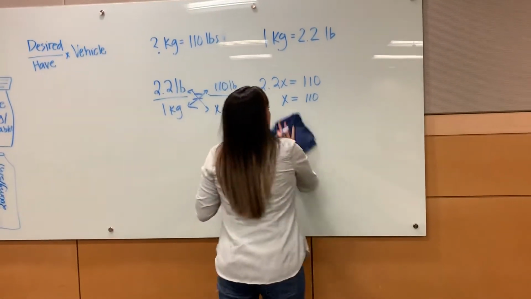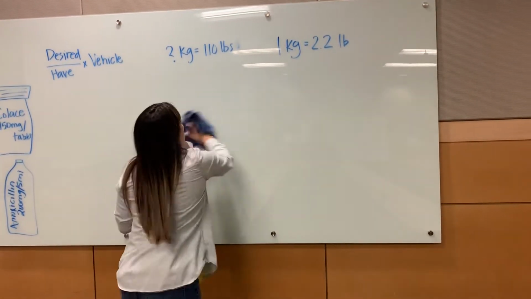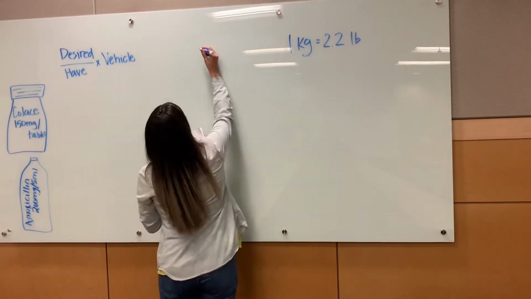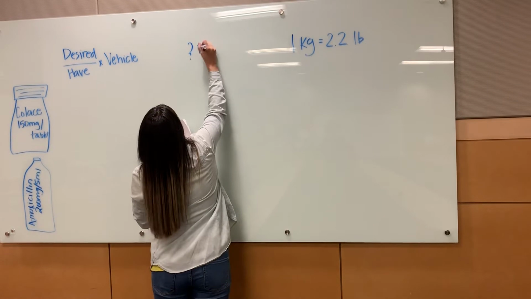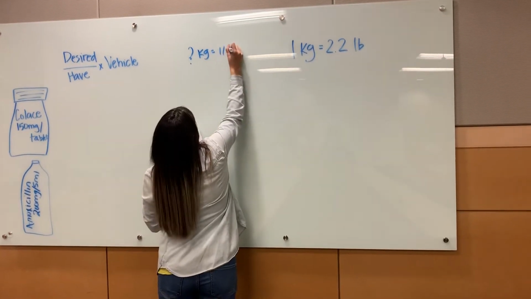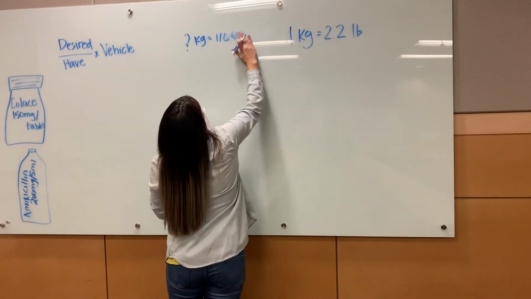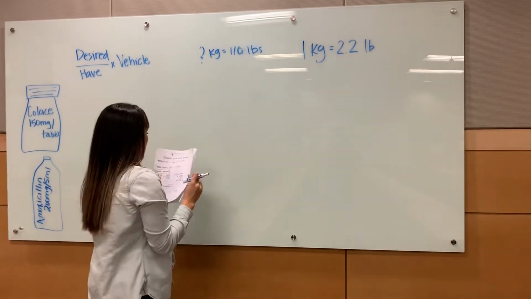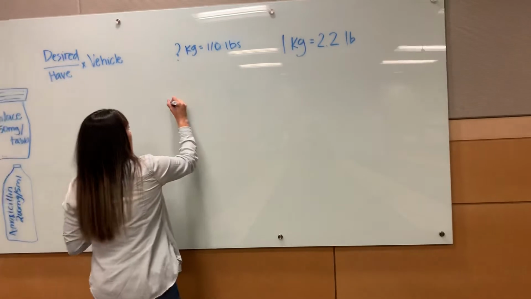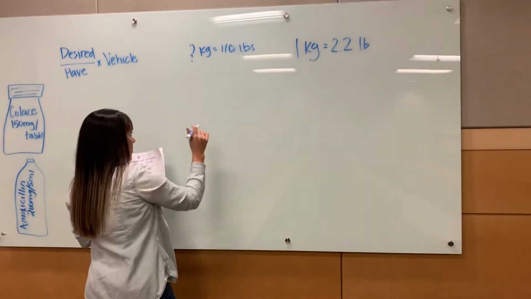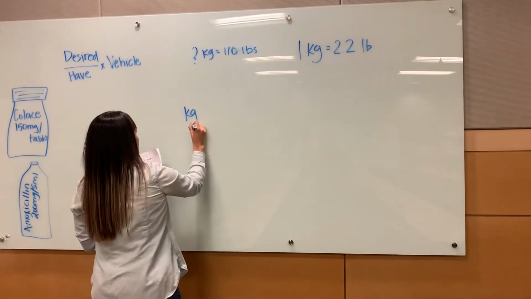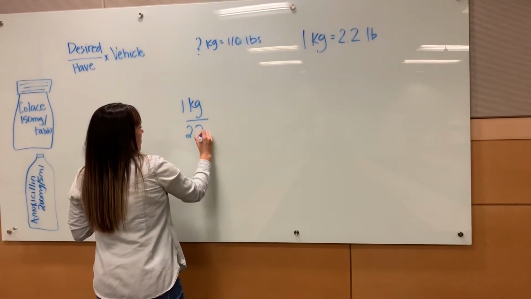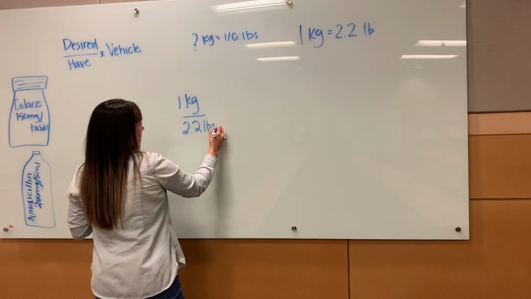All right, I think you guys are starting to get the hang of it with dimensional analysis. Oops. Sorry, I erased that. How many kilograms is in 110 pounds? Okay, so with dimensional analysis, again, we want to end up with kilograms, so I'm going to keep my kilograms in the numerator. And 1 kilogram is 2.2 pounds.